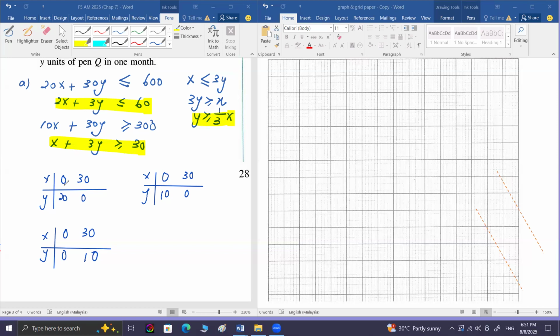Okay, class, now look at B, you can start to draw this one. Every 2 cm for 5, so follow the scale that is given. And this one, every 2 cm for 10. I actually want to draw until 30, so I make one extra. Is it okay, class? Yancy, you asked me about this, is that okay?